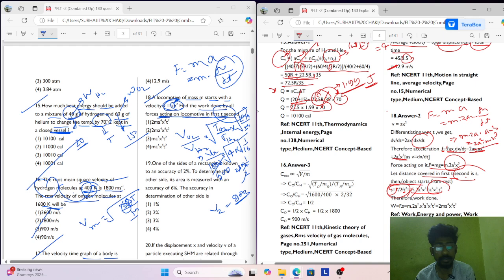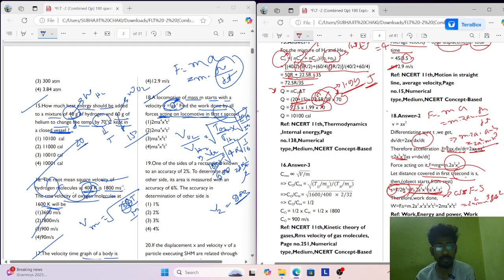F is 2a squared m into x cube, and the s we got is a squared x cube t squared. So from all of this we can calculate: a to the power 4, x to the power 6, t squared, 2. Therefore option number 2 will be our correct option here.